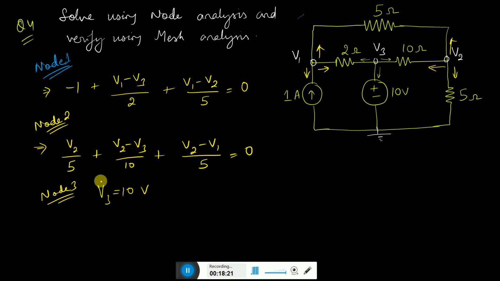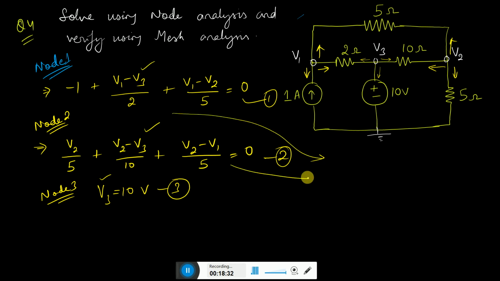So we get the value of V3 directly, and we have equation 1, equation 2 and equation 3. Take the value of V3 and substitute it into equations 1 and 2. If I rewrite equation 1, I get 7V1 minus 2V2 minus 5V3 equals 10.